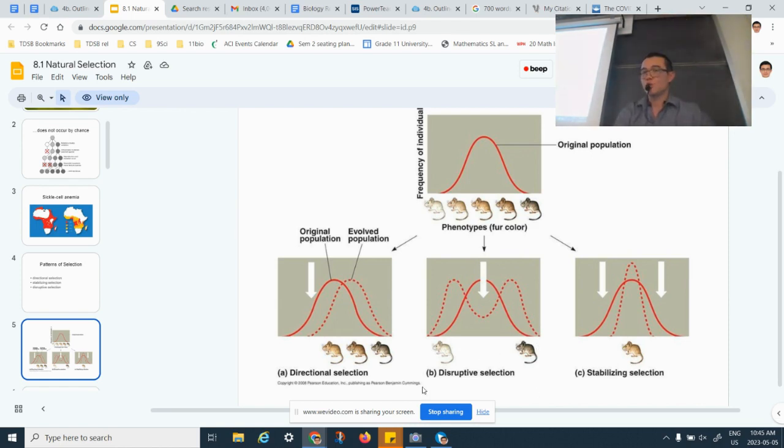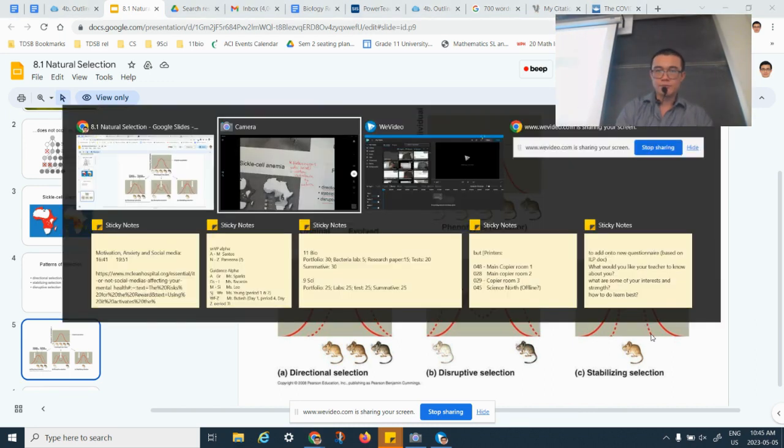So that will be a disruptive selection. Stabilizing selection means both of your extreme ends are going down in number, and more and more become the average population or average traits.